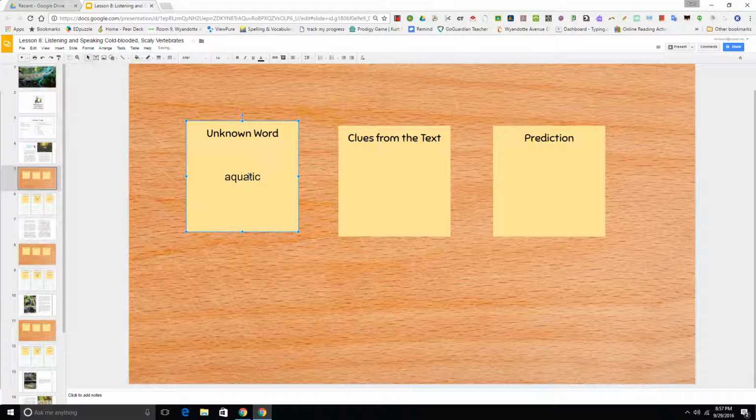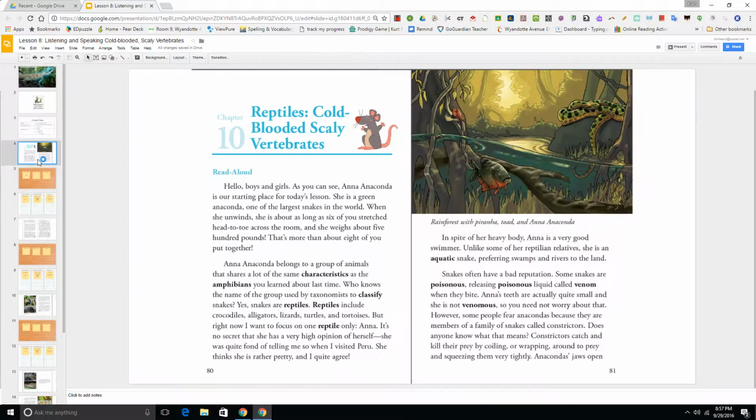A-Q-U-A-T-I-C. Now I want to find some clues from the text that I read that go with the word aquatic. So I'm going to look back at my story, and I see aquatic right here in this paragraph on page 81.